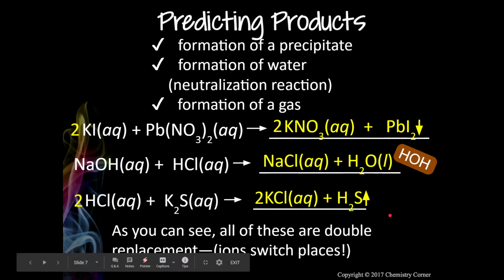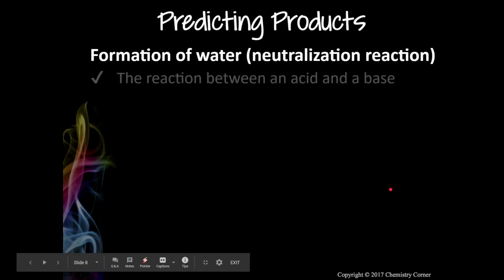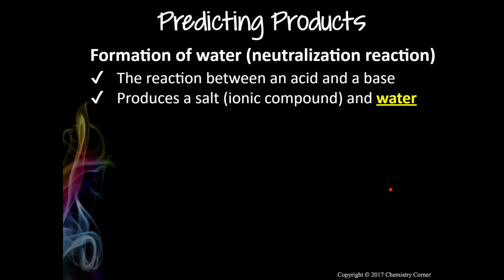So all of these are types of double replacement reactions where we have the typical switching. All right, let's see. Once again, formation of water in a neutralization reaction between an acid and a base, and produces an ionic compound and water.